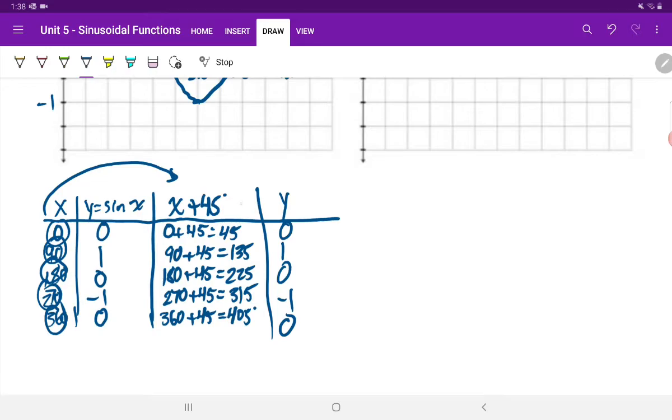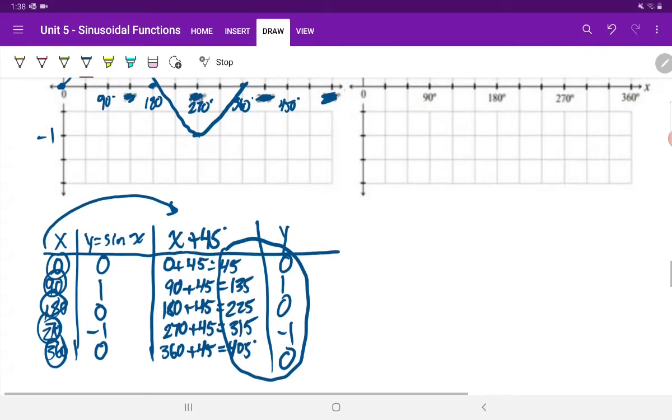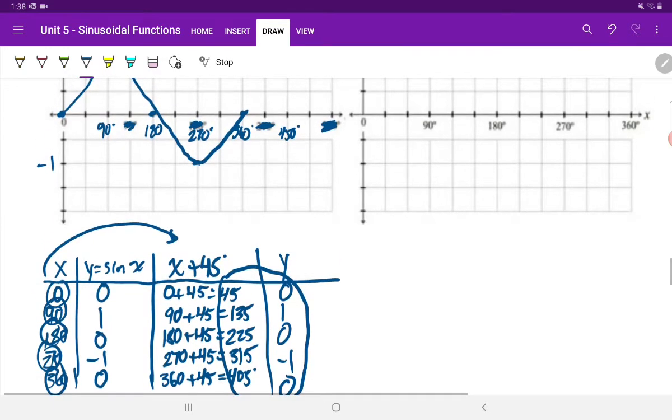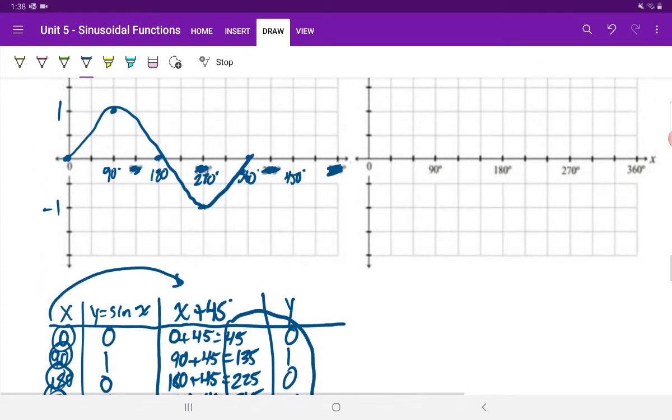So we're going to plot now our new points right there. So 45 and 0. I'll do it in a different color. 45 and 0 right here. 135 and 1. Okay, so if this is 90, that's 180. Halfway right there.